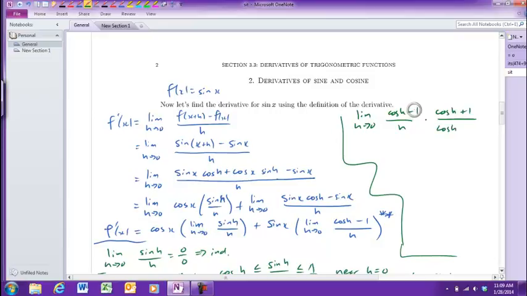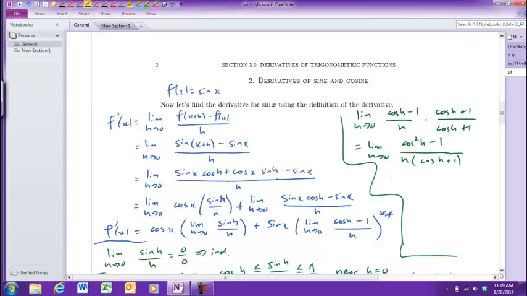I've got a cosine of h minus 1. I'm going to multiply top and bottom by cosine of h plus 1. When I multiply that times that, I get cosine squared h. My middle terms, my outer terms cancel: cosine squared h minus 1, divided by h times cosine of h plus 1.